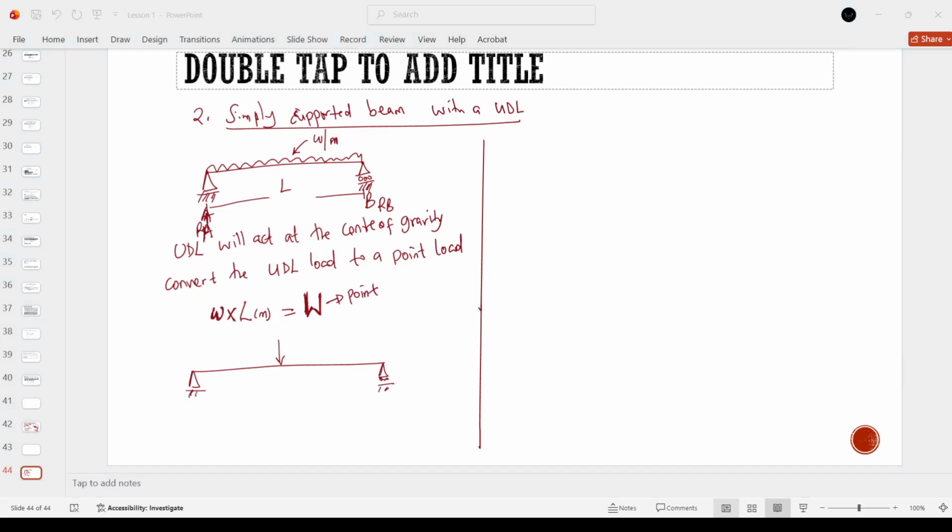So it's going to act here. But now it is WL or W. At this instance, it's WL or W. So we'll have L over 2, L over 2. We'll have a reaction at A, the one we want, and a reaction at B.